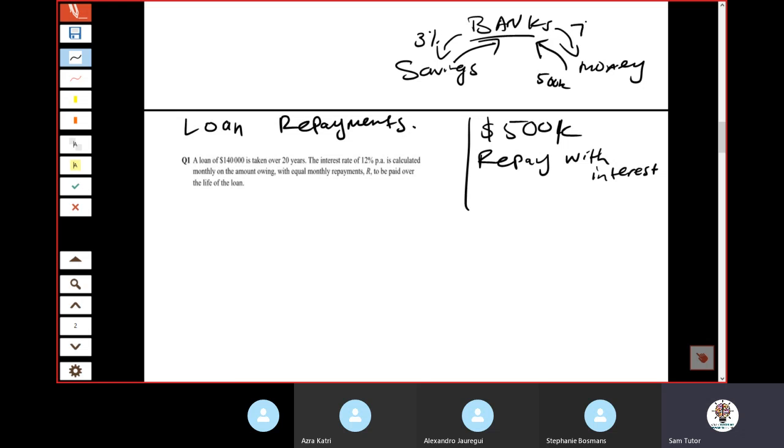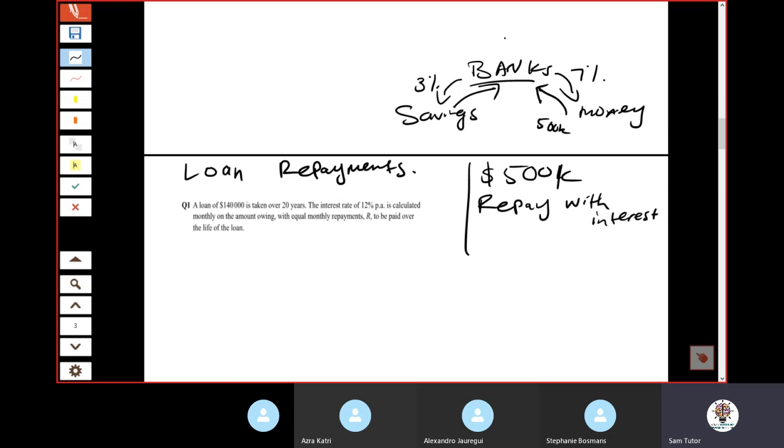So the bank would usually charge at least 7%. And very simply, the bank just made a 4% return on 500,000, and it wasn't even their money. It was this person's money. Does that make sense? Very simple. That is actually how banks work.